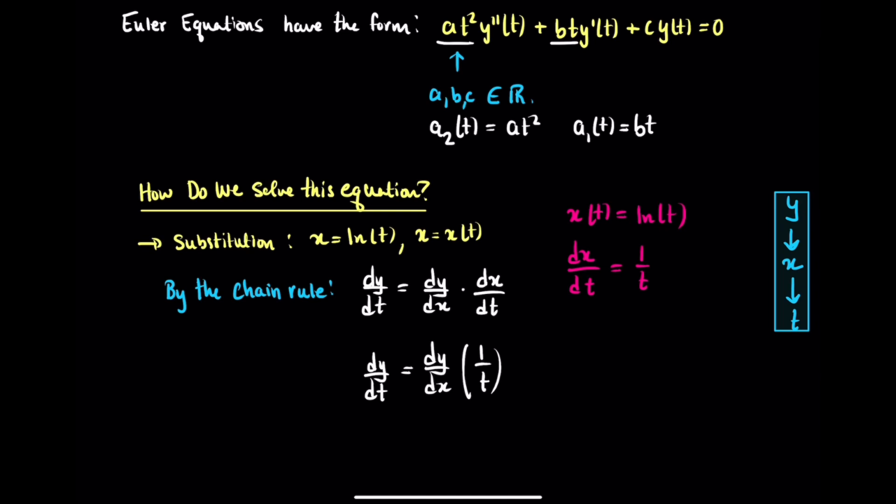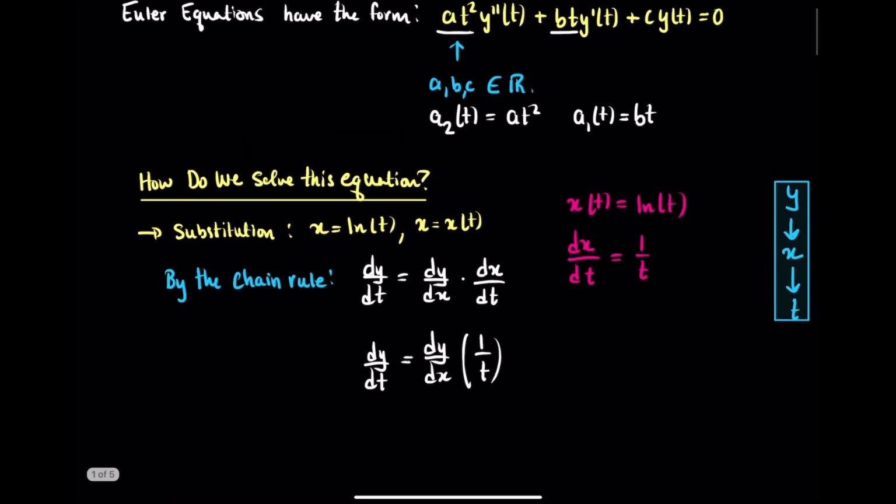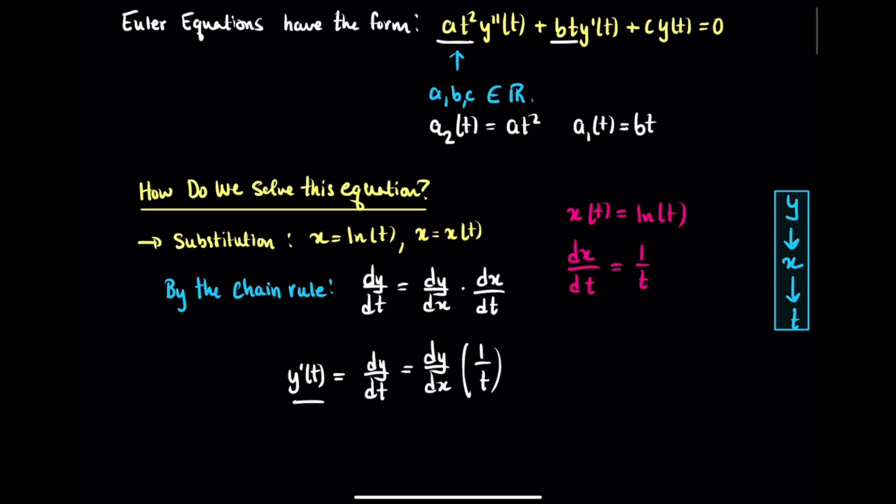The reason I'm finding dy dt is because dy dt is equivalent to y prime of t. Some genius mathematician thought, I know the derivative of ln is 1 over whatever the argument is, and that is really convenient.